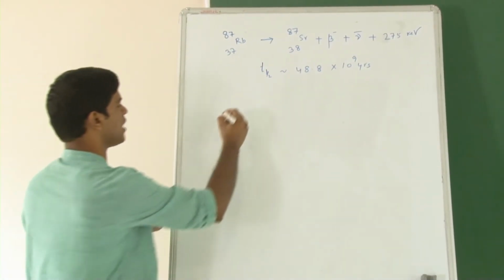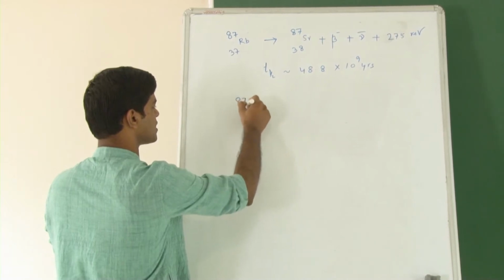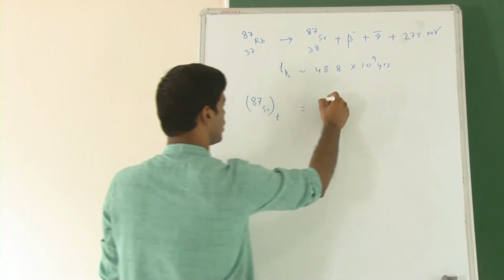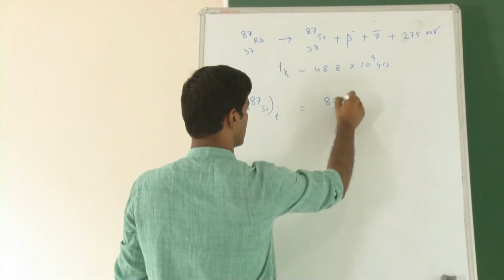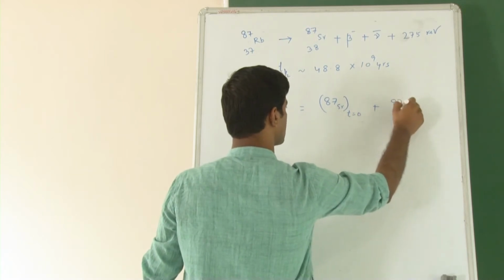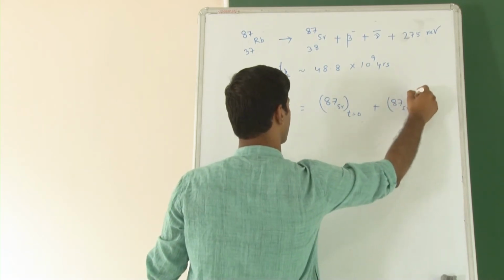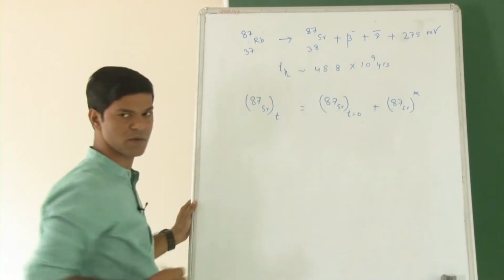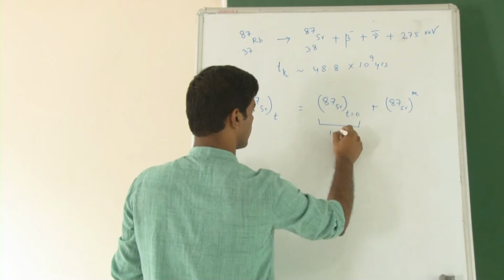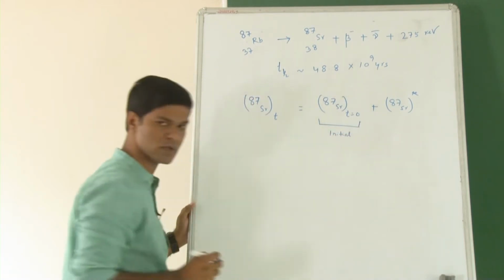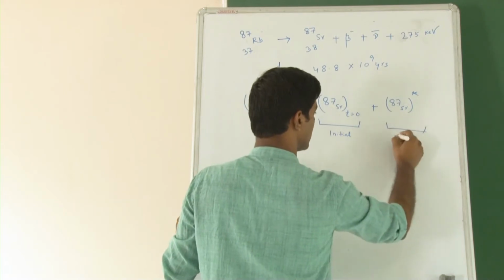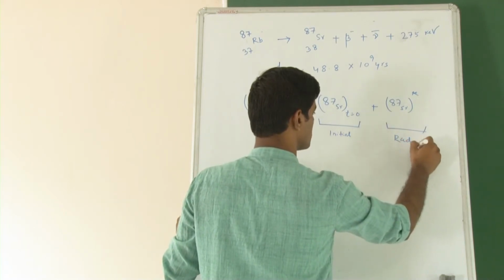So, let us say we try to find an expression for 87 strontium at any time. That should be equal to 87 strontium at T equal to 0 plus the 87 strontium that came through radioactive decay of 87 rubidium. That means this is the initial number of 87 strontium that was there in a given system, and this is the radiogenic part of it.